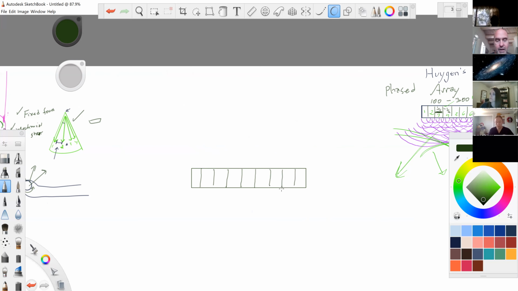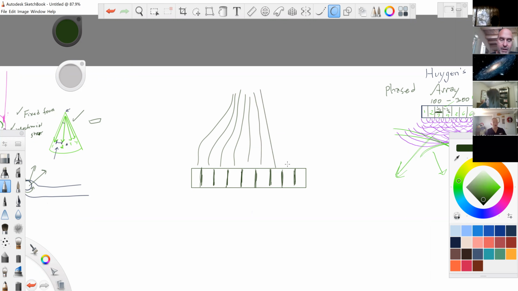Each one has to be a little bit separated from each other, so they're not stimulating each other to ring. You want to have control over each one of these. But yeah, if you drop the transducer, you have a good chance of ruining it, or at least breaking one of the elements.